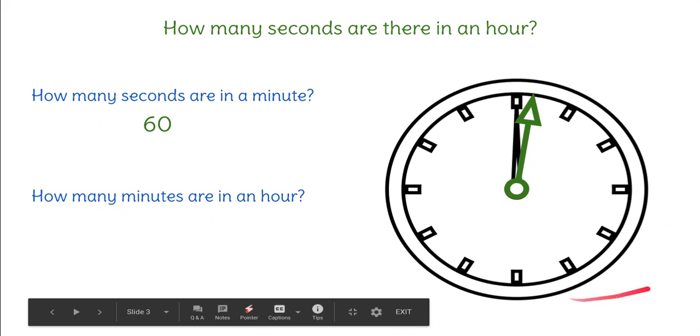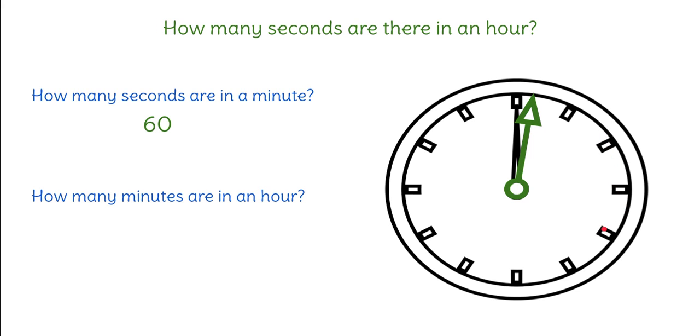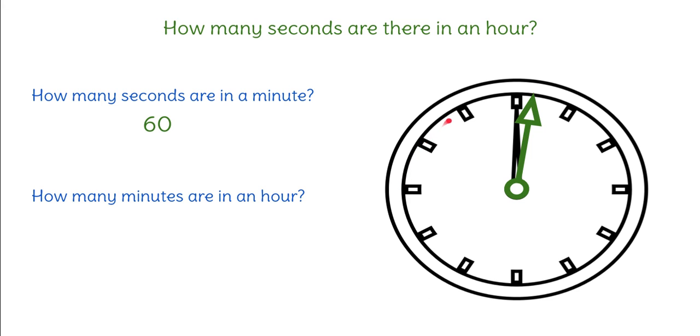Let's take a look together. 5, 10, 15, 20, 25, 30, 35, 40. Can you do the rest? Well done if you got it right at home. There are 60 minutes in an hour.